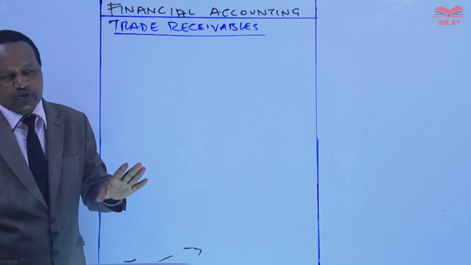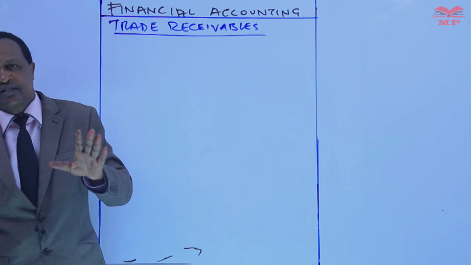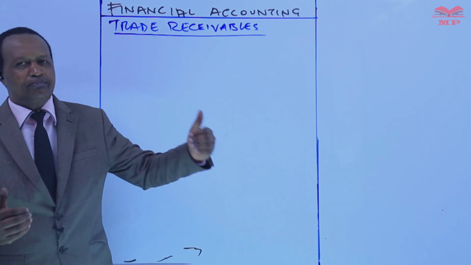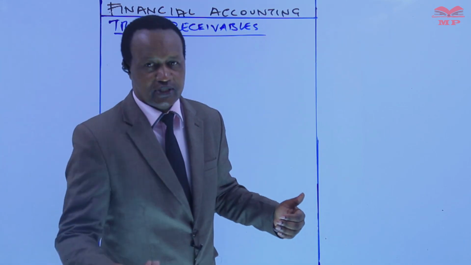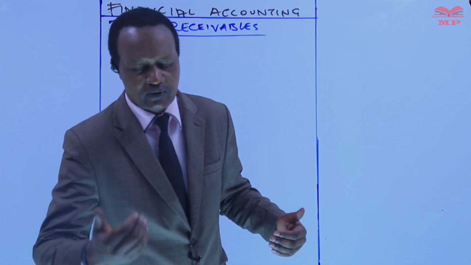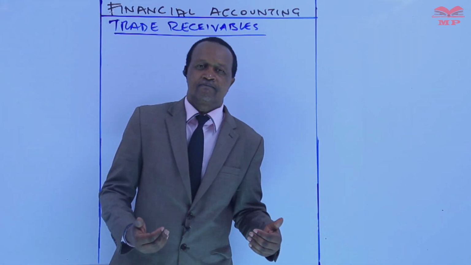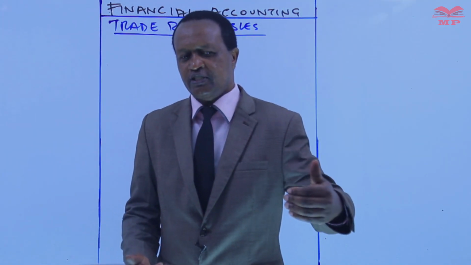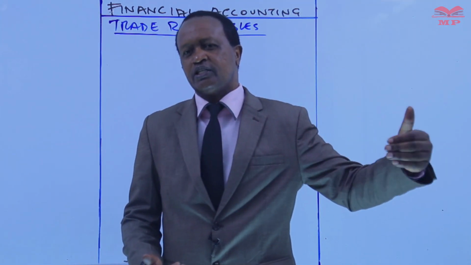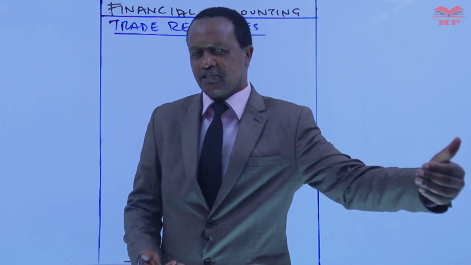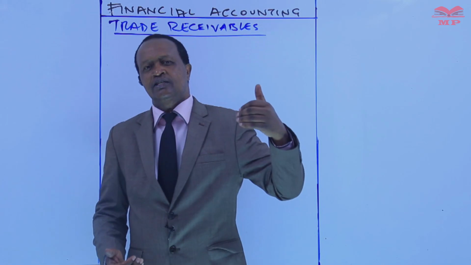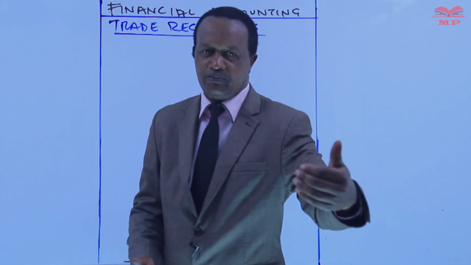Trade receivables, candidates, represent amounts owed to a company by its customers for goods or services sold on credit. If a company sells goods or services on credit to another company, then that other company is a debtor or a trade receivable.